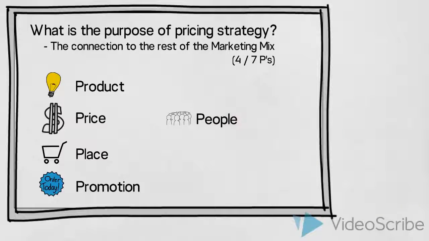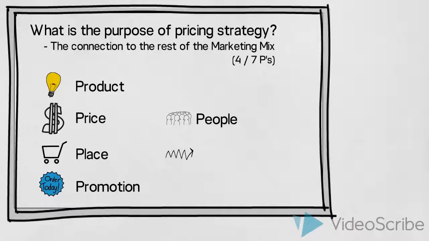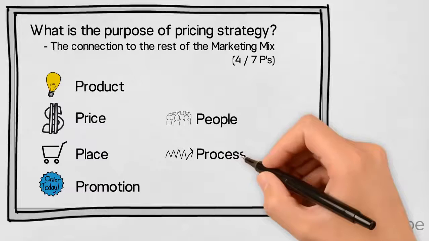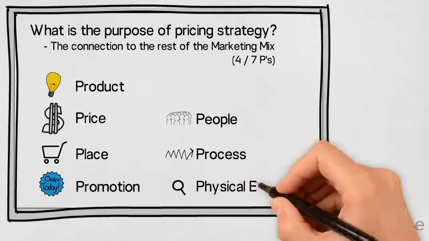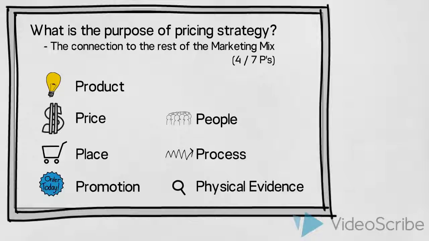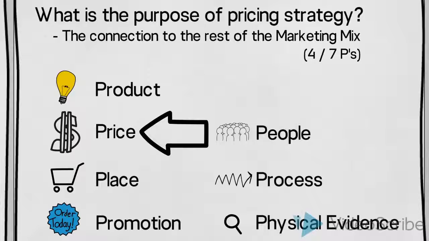The people that are involved in delivering the service, the process that our customers will go through in order to receive our service, and the physical evidence, any visible or tangible elements that the customer will see, hear, or in other ways experience when receiving the service. None of the 4 or the 7 Ps should be decided on in isolation. However, price is the P which we will focus on in this video.